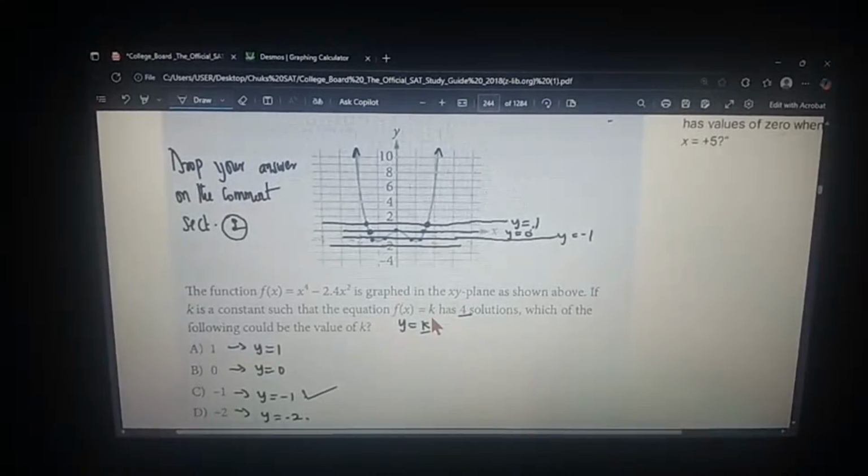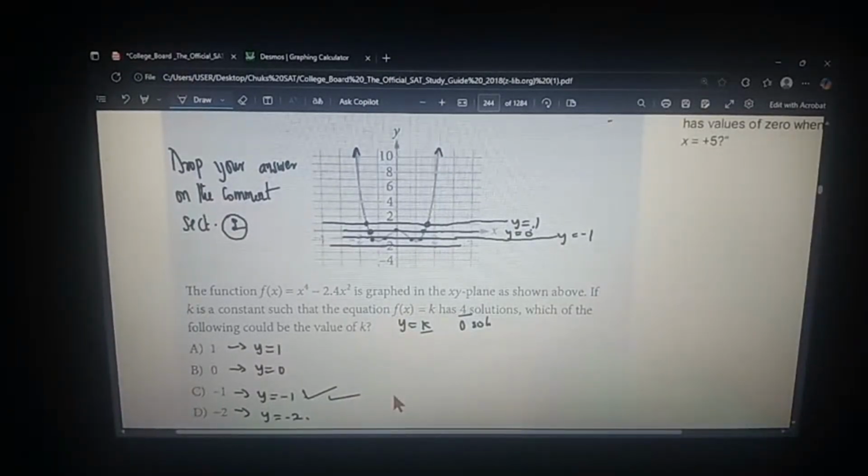So if they had asked us for the value of k whereby the system has zero solutions, then the answer would be -2, because at -2 the system has no intersection, and that means it has no solution. But that's not the question. The question is asking for 4 solutions. So the correct answer is going to be C, when y is equal to -1.